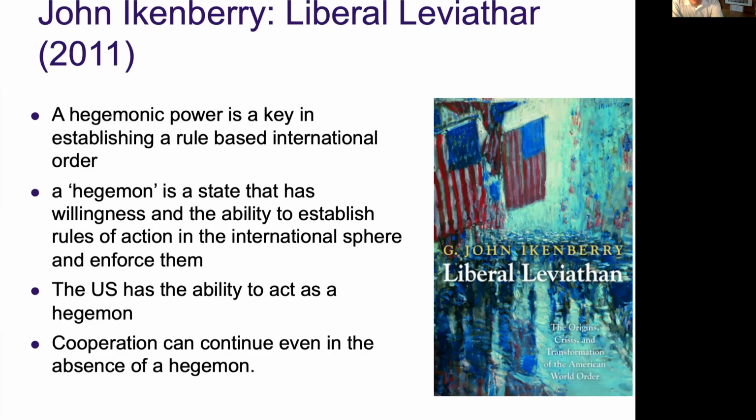What he argues is that you do need a hegemon in order to build up a rule-based international order, as we have within the framework of the United States. So you need this hegemon and the willingness and the ability to establish rules of action in the international sphere, and then also to enforce them.